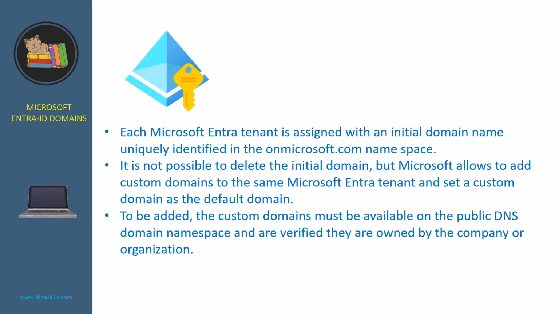As you may know, each Microsoft Entra ID tenant is assigned an initial domain name uniquely identified in the onmicrosoft.com namespace. For example, my Entra ID tenant is assigned the primary domain itlifeskills.onmicrosoft.com.